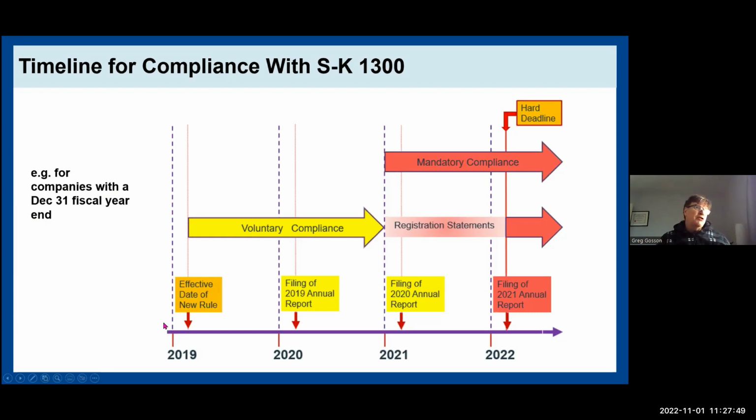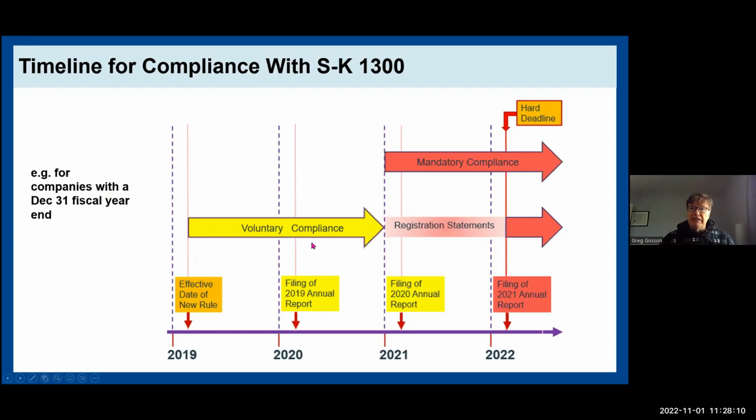And they published that in October of 2018 and said it'll become effective in February of 2019. But they allowed a 2-year transition period of voluntary compliance. So you could voluntarily switch from Industry Guide 7 to this new SK-1300 rule up until 2021.